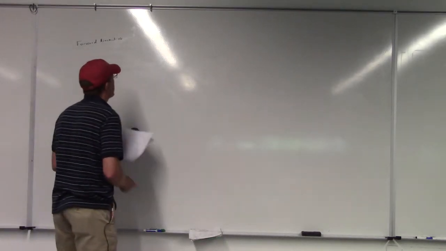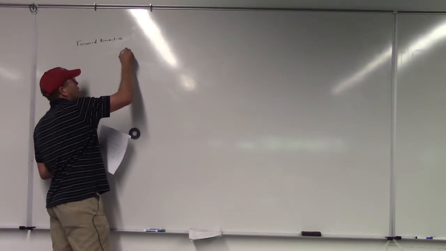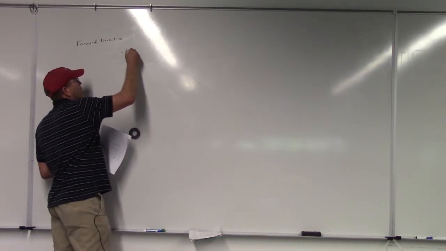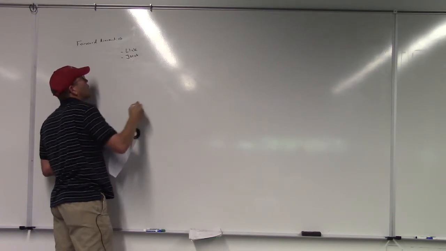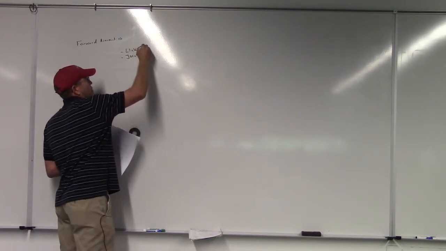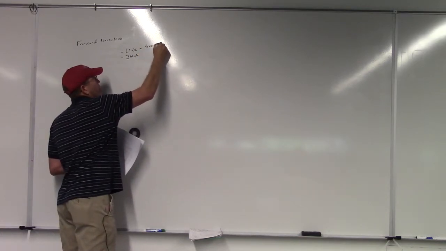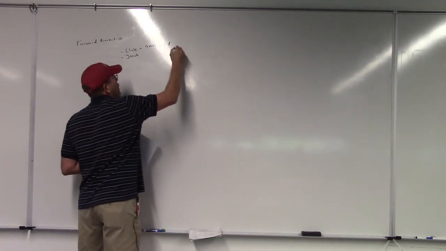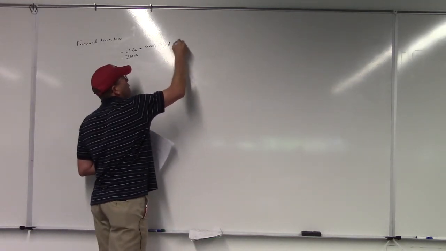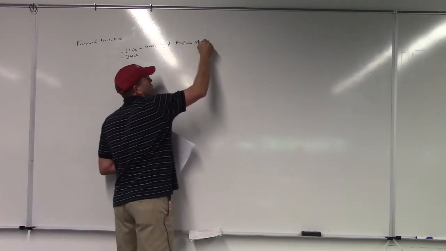So what we can do is we can go through and review the link and joint. Link is just the semi-rigid medium that separates the joints.